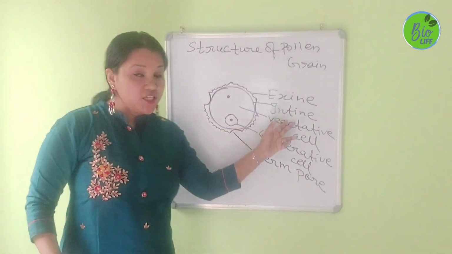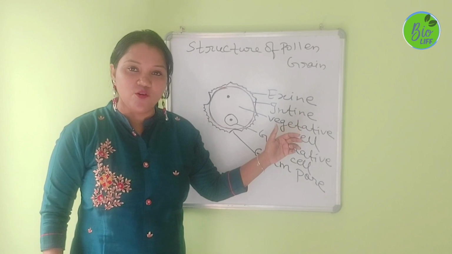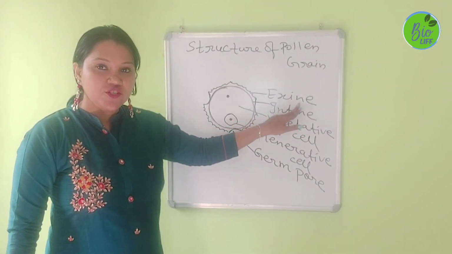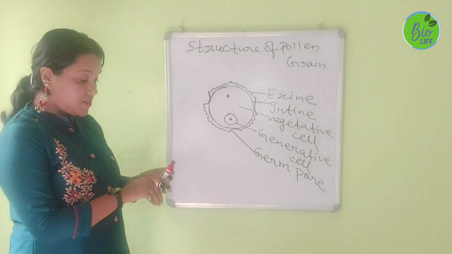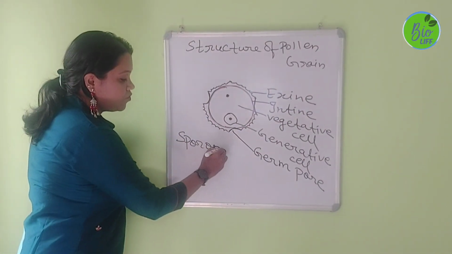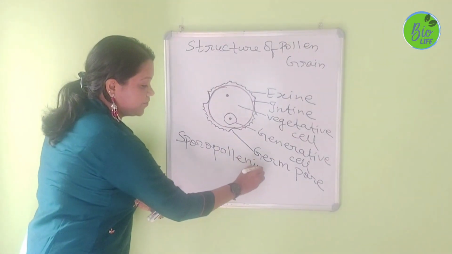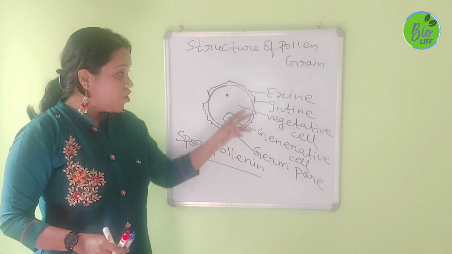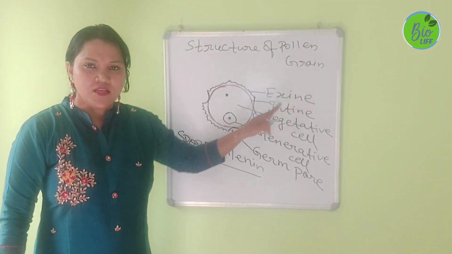The composition of intine is cellulose and pectin, and the exine consists of a very important component, that is sporopollenin. Sporopollenin is the composition of exine.